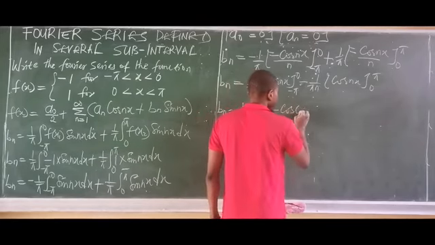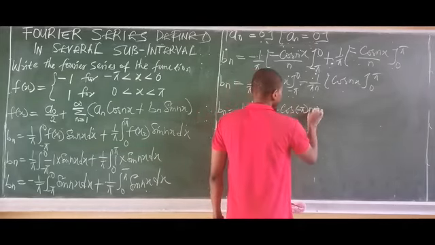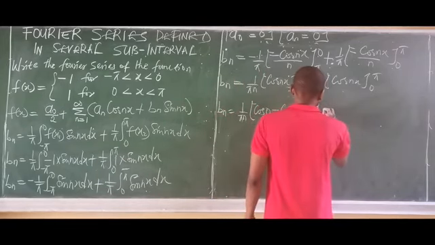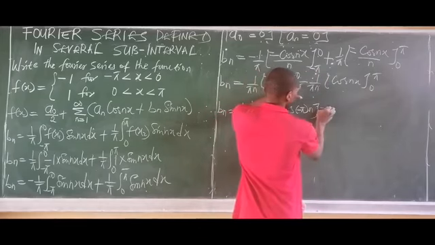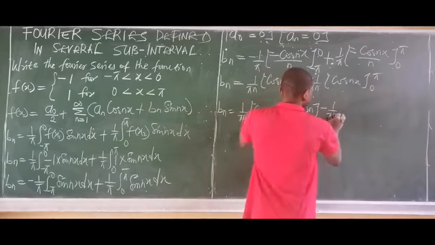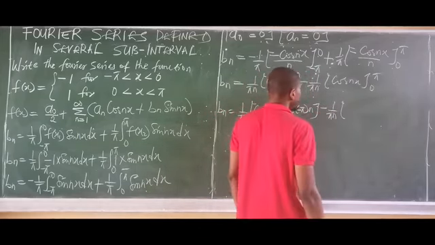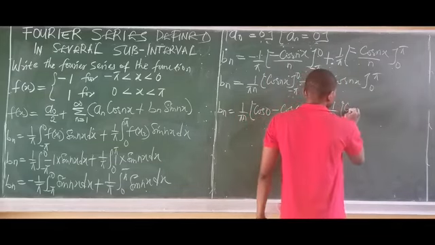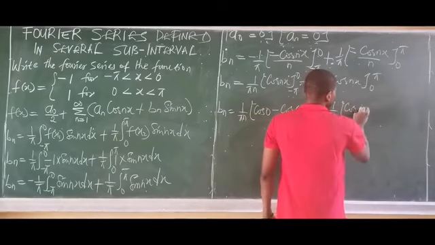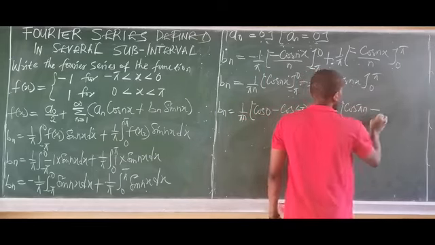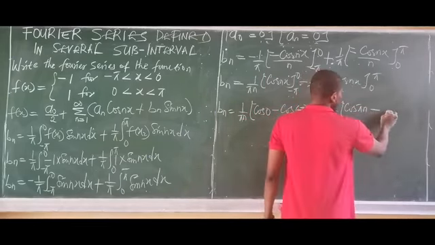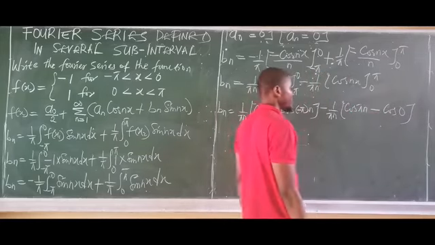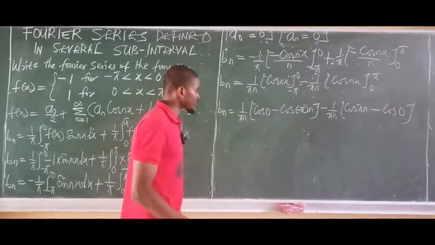So this is cos of minus pi multiplied by n. Minus 1 all over pi n into the same thing. Upper limit comes first. Upper limit here is pi. So this is cos, in place of x, you have pi n, minus lower limit. Lower limit is 0. So you have cos 0. Of course, 0 times n becomes 0.